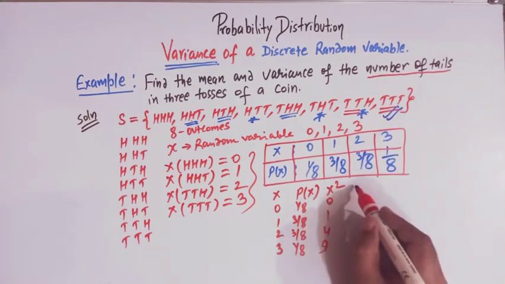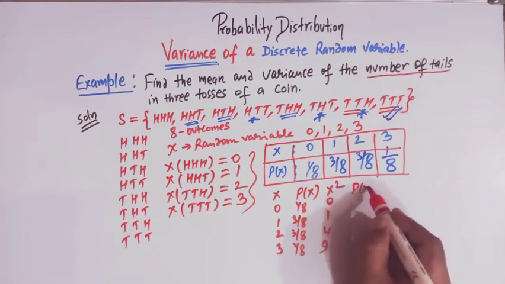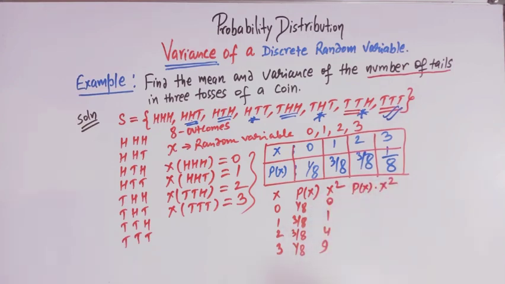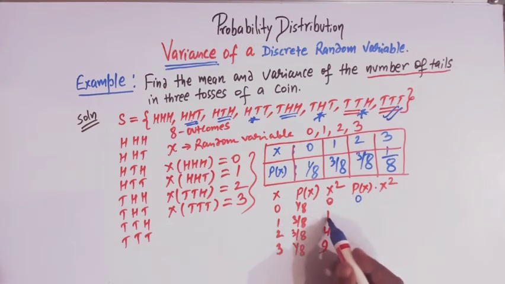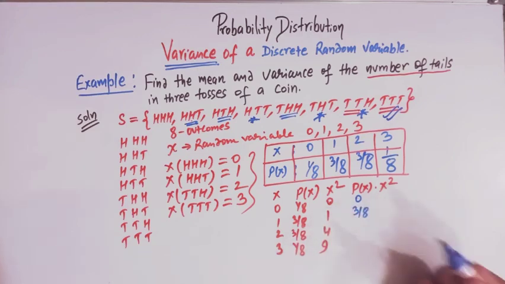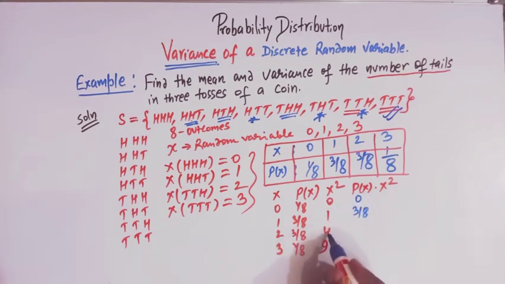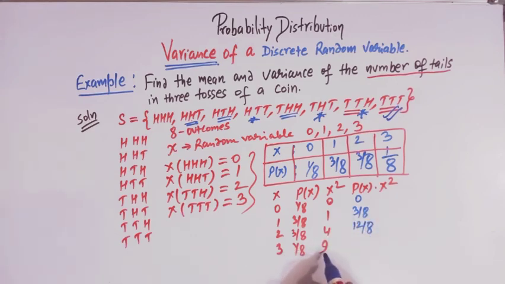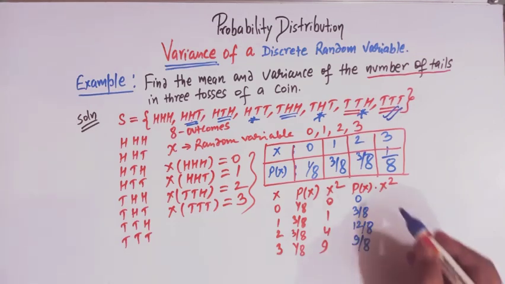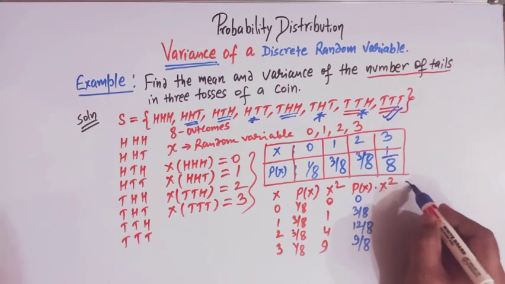In the next column we can write px times x square. px times x square is 1 by 8 times 0, that is 0; 3 by 8 times 1 is 3 by 8; 3 by 8 times 4 is 12 by 8; and 1 by 8 times 9 is 9 by 8.